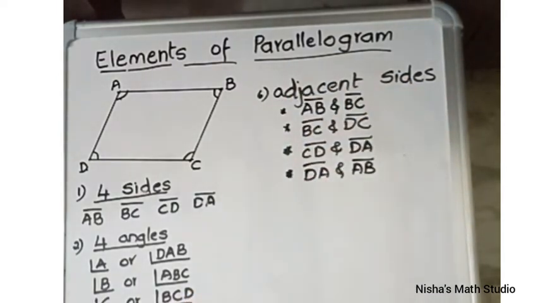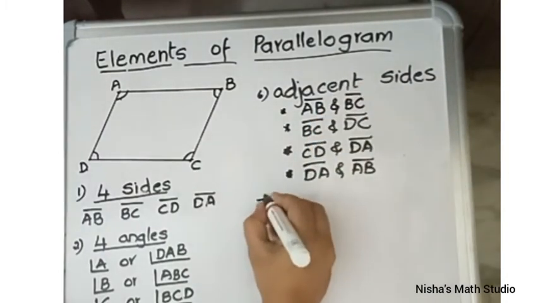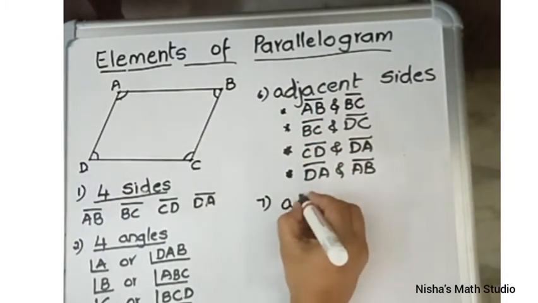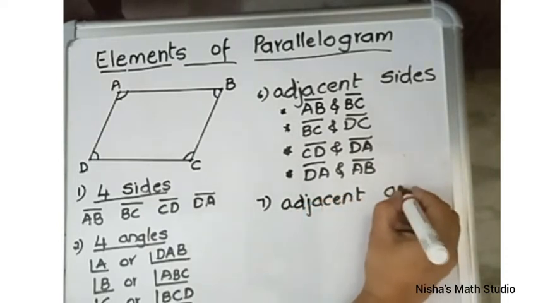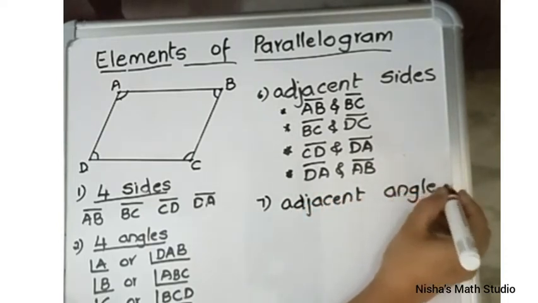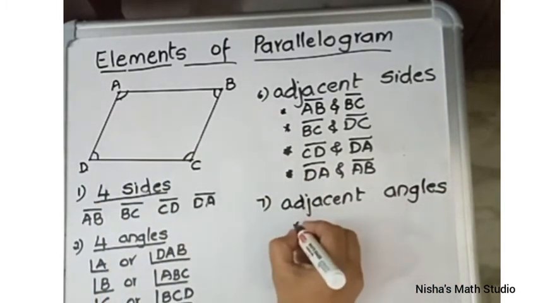Like we had opposite sides and opposite angles, with the adjacent sides we also can name the next element, that is adjacent angles. Again we have 4 pairs of adjacent angles. Which are they?